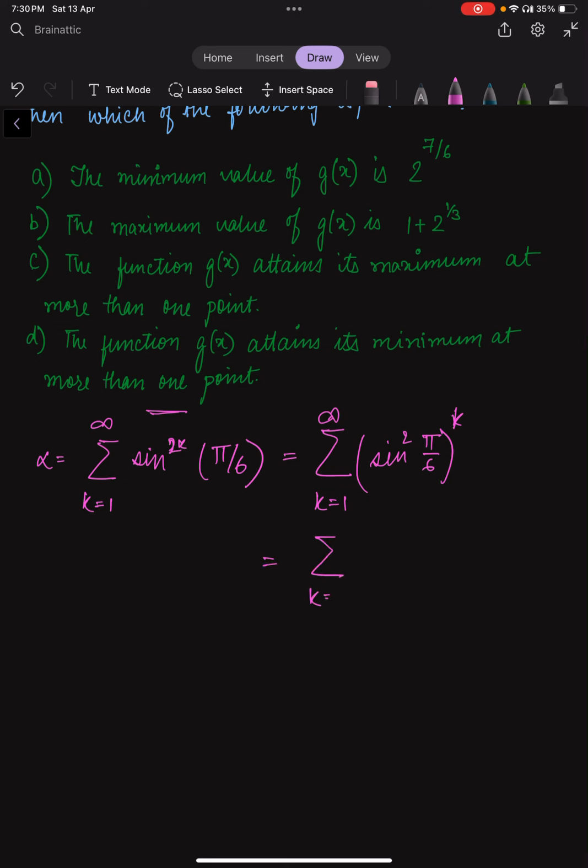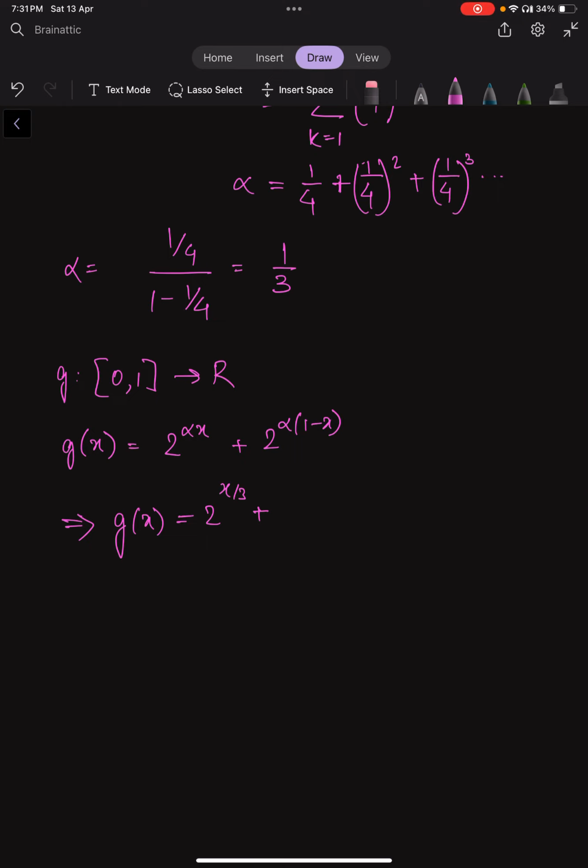Now, g is defined between 0 and 1 and its values go in the real numbers. We are given that g of x is equal to 2 power alpha x plus 2 power alpha times (1 minus x). So this we can rewrite as 2 power x by 3 plus 2 power (1 by 3)(1 minus x).